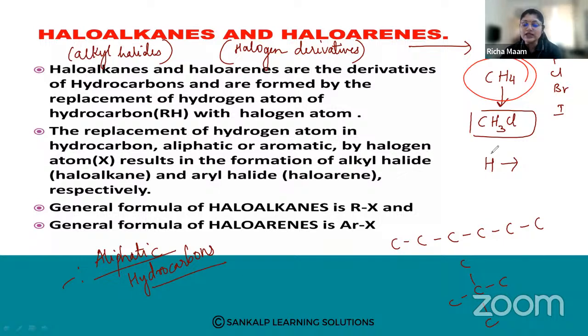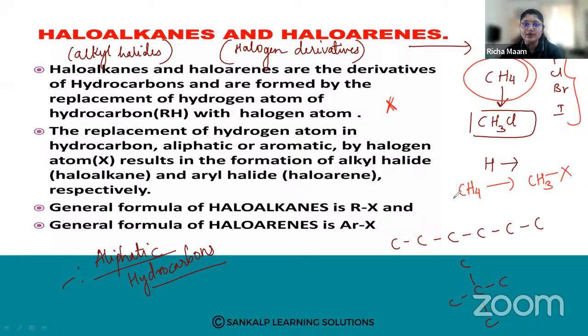Here methane forms CH3X. One of the hydrogen atoms is replaced by a halogen, and halogen atoms are represented as X.